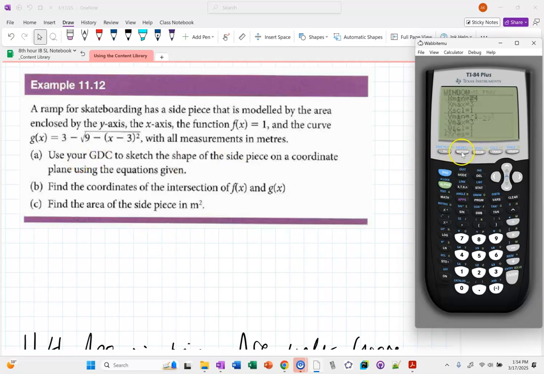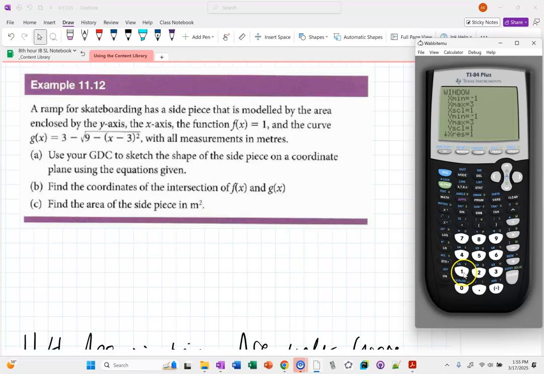Okay, well, that's fine. All right, so since the y-axis is one of my boundaries, I don't really need any negative x's, right? And this guy has a 0 when x is equal to 6, because 6 minus 3 is 3, 3 squared is 9, 9 minus 9 is 0.